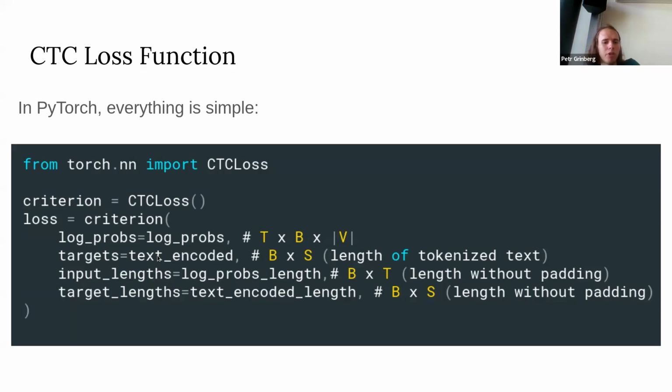And because they are padded, you will also need to pass target length, which is the actual length of the target without padding. And input length, this is exactly the same thing, but for inputs. So if you have audio of different lengths, you will need to pass them to get batch. And here you say where your model should look, where your loss should look, to avoid considering padding as valid stuff.